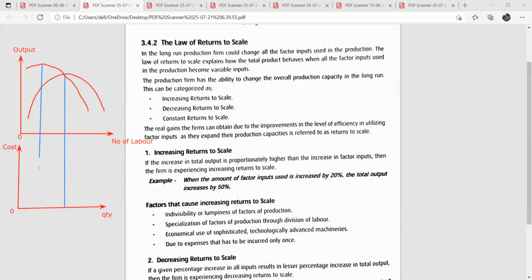Here the peak point. Average cost. Marginal cost.